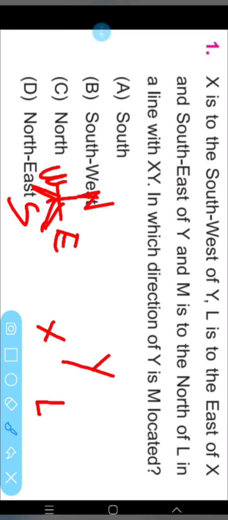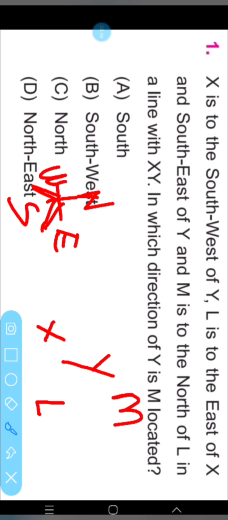Now M is to the north of L, so it must be here, but in a line with XY, so it cannot be here. This is the line it's talking about, so it will be over here, because this is a line and this is the north of L. Now what is asked?